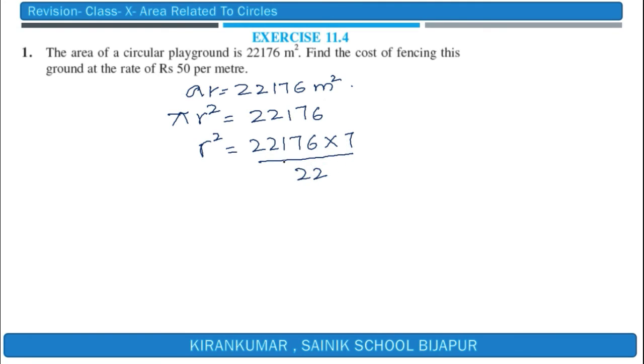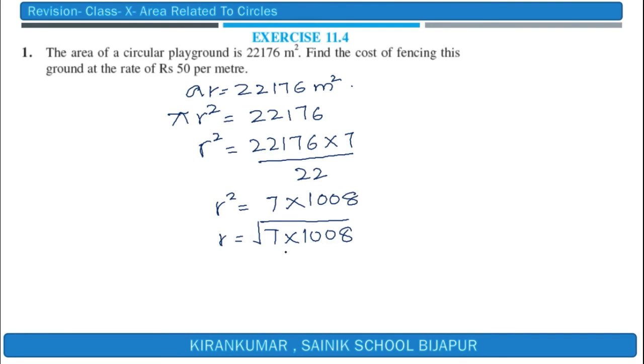This will get cancelled. What I get is r square equal to 7 multiplied by, let's divide this, 1008. Let me check again. Yes, it's correct. So r I need to find. It will be root of 7 into 1008. We need to find the root.